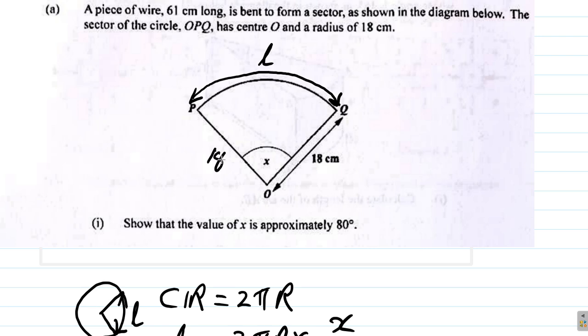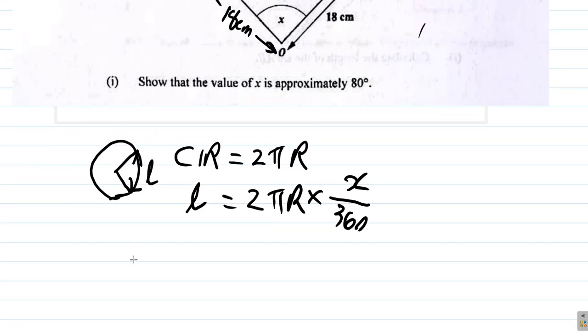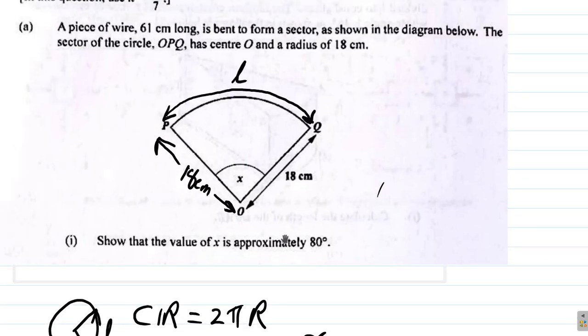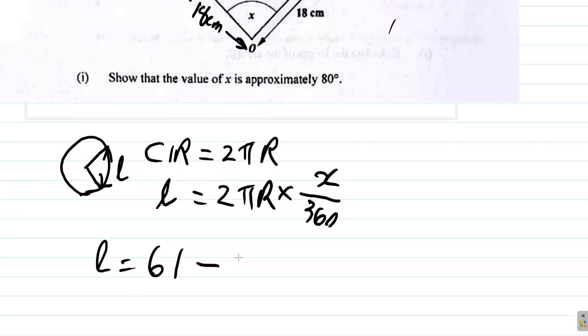So this would have to be 18 centimeters from here to here. You see that? So L would be the entire 61 minus, so you take off 18 on this side, and then you take off another 18. So it's 61 minus 18 minus 18. What is that?